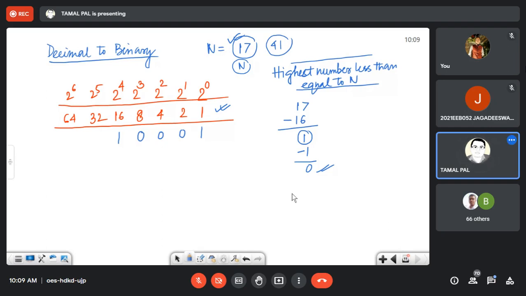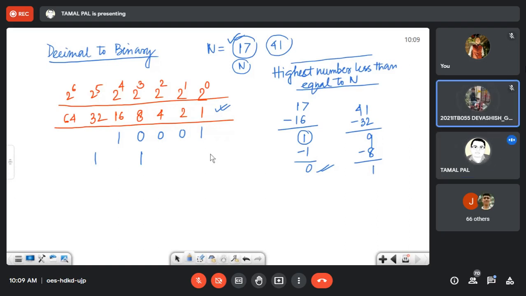Yes, sir. Okay, then let us do it for 41. Find the highest number less than or equal to 41. 32. So when I subtract 32, it becomes 9. The highest number less than or equal to 9 is 8. Subtract 8, then the highest number less than or equal to 1 is 1. Then we put 0 because after that it will be 0.